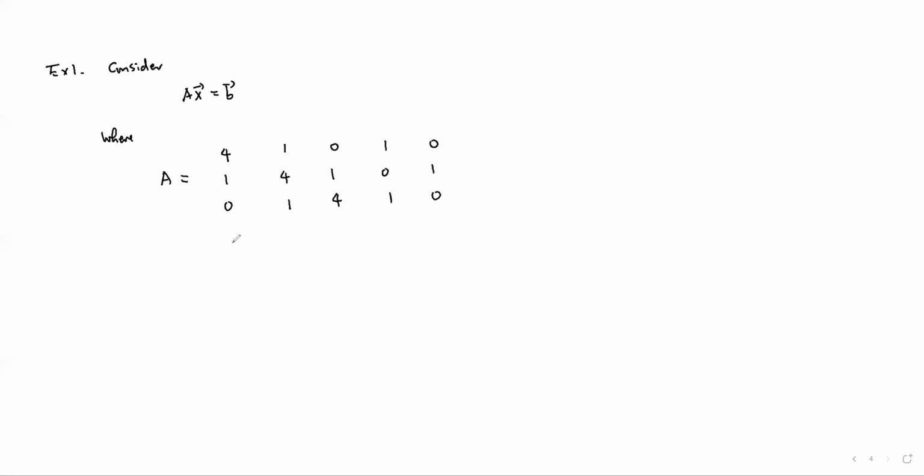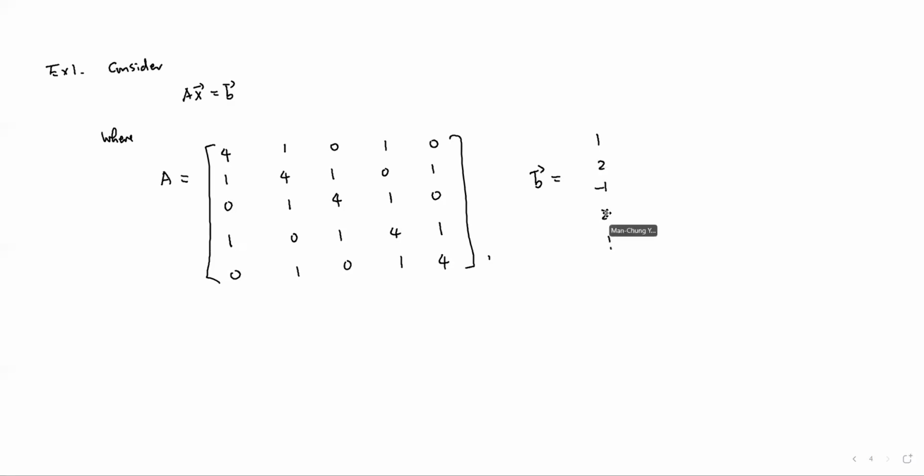Here is matrix A, with rows such as 0, 1, 4, 1, and 0, 1, 0, 1, 4. And then the right hand side is 1, 2, negative 1.